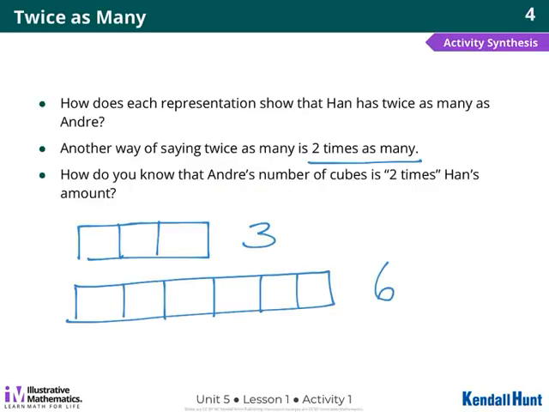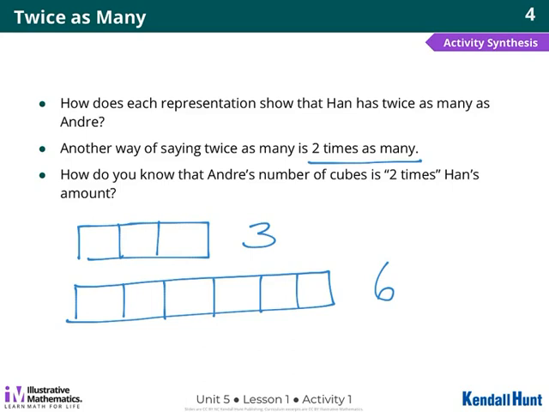Unit 5. Okay, Jerica, help us out. And then you want to know how you know it's twice as many? Like how you know 3 times 2 is 6, of how you know he has 6 and it's twice as many.